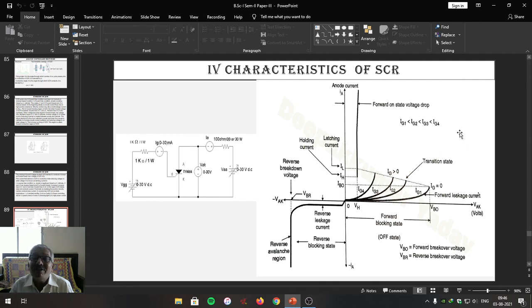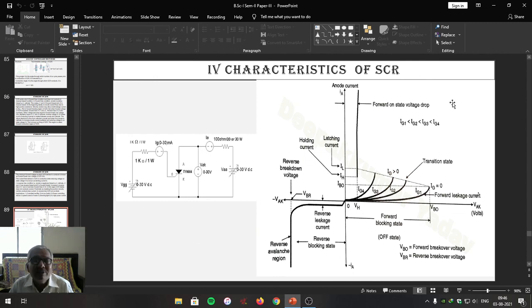When an SCR is manufactured in a company, its specifications are provided by the company: its maximum anode current, maximum peak inverse voltage, peak reverse voltage, peak forward voltage, anode to cathode voltage, how much supply should be applied, the temperature up to which it remains sound without damage, and how much power it can accommodate. All those aspects are provided by the manufacturing company. Those are called the specifications of SCR.